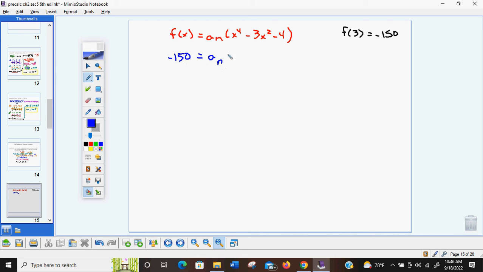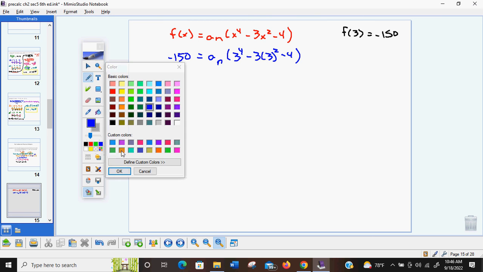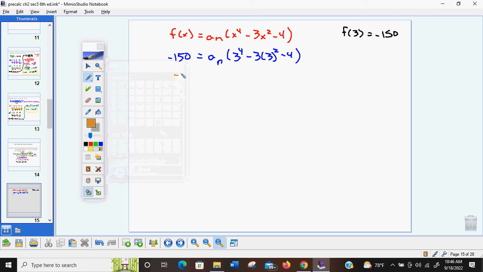So we're going to have a sub n times 3 to the 4th minus 3 times 3 squared minus 4. Okay, so that gives you 81 minus 27 minus 4, which would equal 50. So that gives me -150 equals 50 times a sub n.